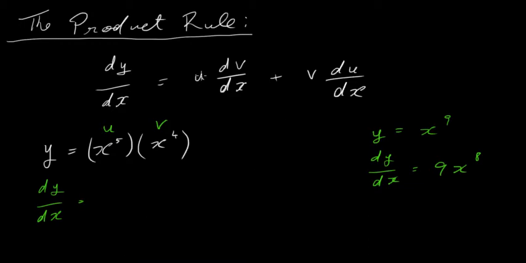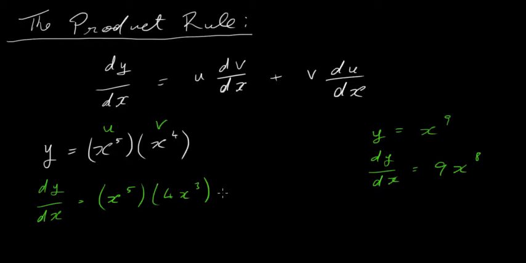So the first thing we need to do is write down u. Well, u is simply x to the power of 5. We'll put it in brackets here. Now we want to write in dv/dx. In other words, we want to take v and differentiate it with respect to x. So differentiating v here, we would get 4x cubed. Bring the 4 down, multiply by x, reduce the power by 1, so we get 3.